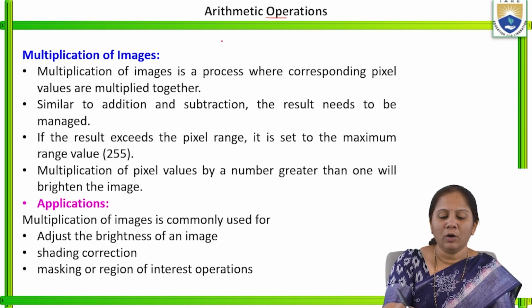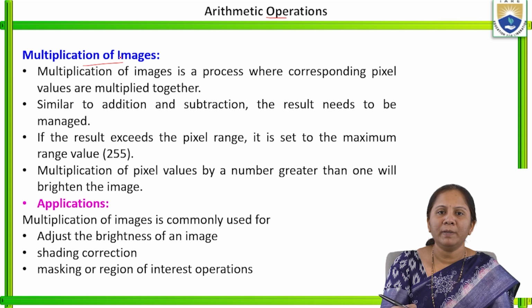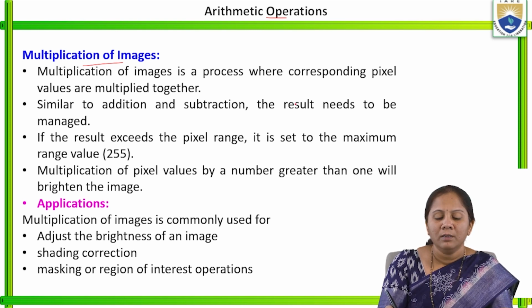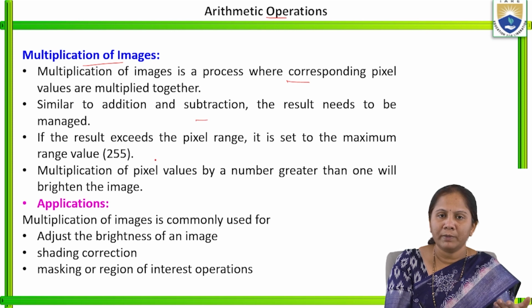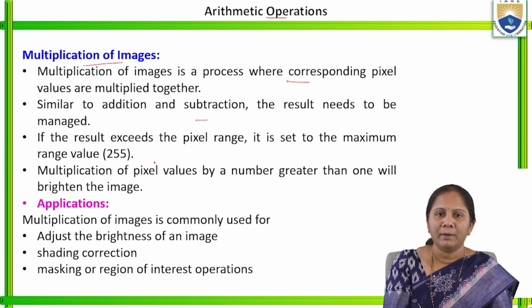And the next arithmetic operation is multiplication of images. Multiplication also should be performed for all the pixels in both the images, same as addition and subtraction, and the result we get after multiplication needs to be managed by applying some rules. What are the rules?